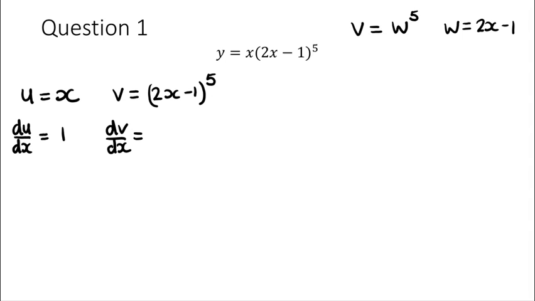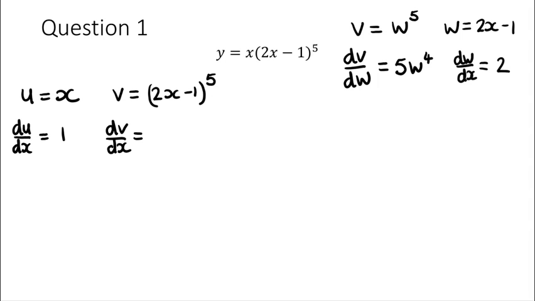So what I'll need to find is dv by dw. So differentiate v with respect to w, which gives us 5w to the power of 4. And I also need to find dw by dx. That's just going to be 2.